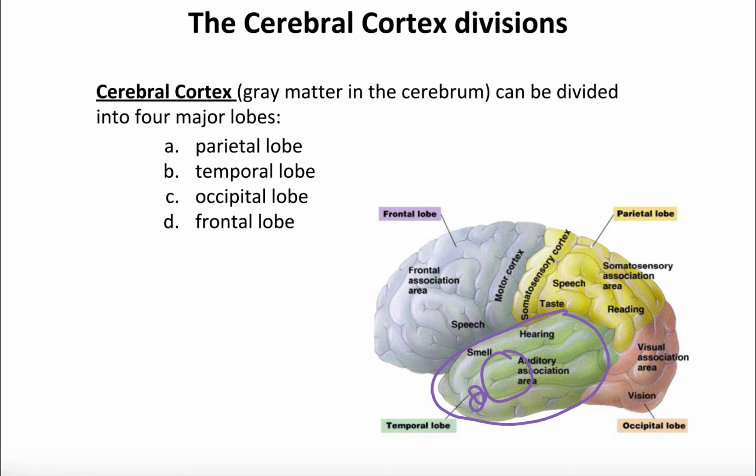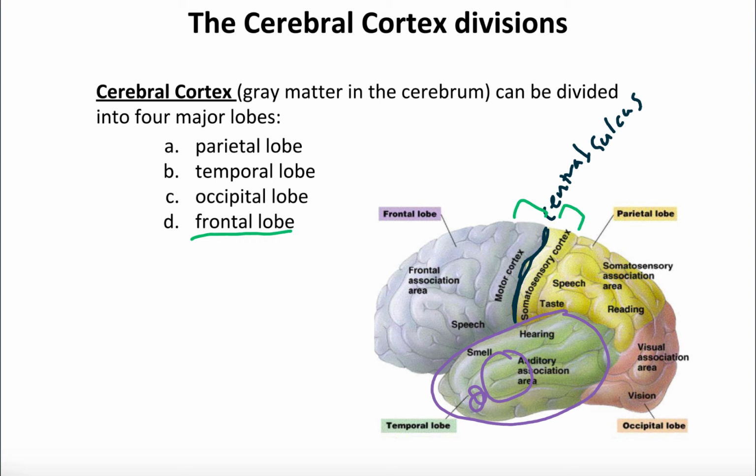Now we're about to get into the frontal lobe, and before we go into the frontal lobe, I want to introduce the structure that was briefly mentioned in the parietal lobe, but I forgot to really point it out. And it's this groove here that's also known as the central sulcus, and it basically separates the parietal lobe from the frontal lobe. Now, if you look at it, there's a big wrinkle in the front and a big wrinkle in the back.